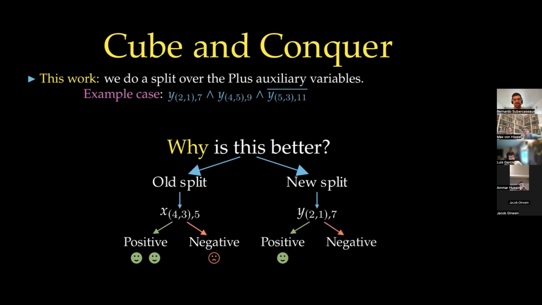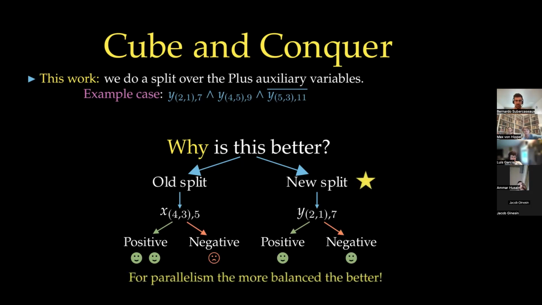And then if it's negative, now you do get a bit more, because now you're saying that nobody in that region gets color 7. So you're discarding it from an entire region, from 5 vertices, and that's significantly better. So it's a more balanced way of designing cases. And as I was saying earlier, balanced is the trick for parallelism.